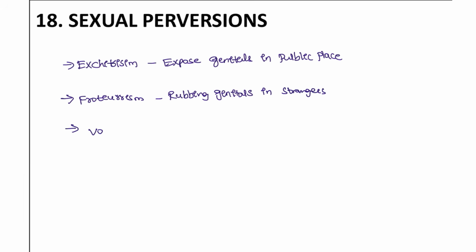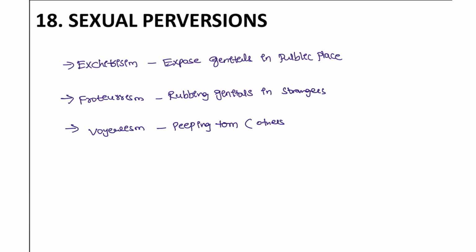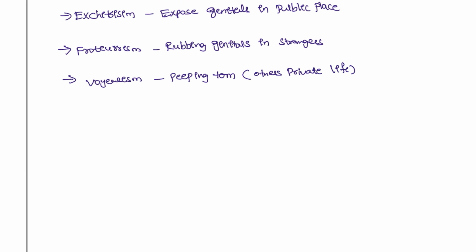Next, voyeurism. Okay, this is known as a peeping Tom who looks into others' private life, and this is also considered a crime in a public place. Next, we also have necrophagia. Necrophagia, guys, remember that necro means dead.